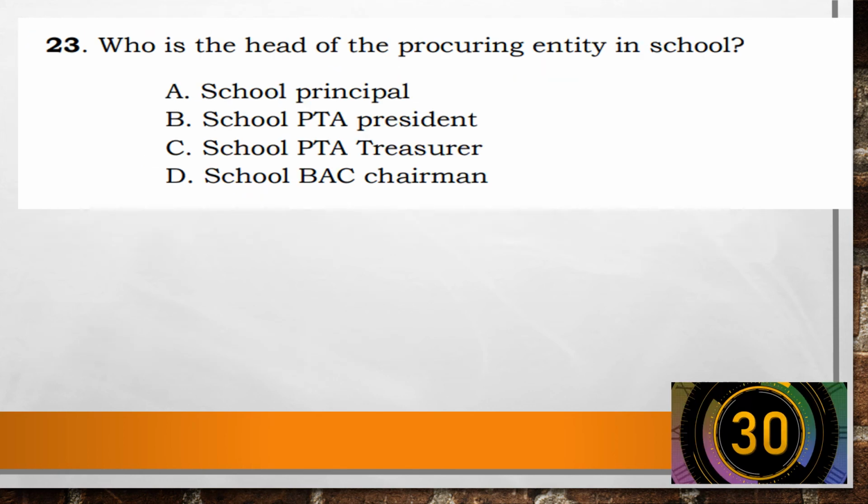23. Who is the head of procuring entity in the school? A, school principal. B, school PTA president. C, school PTA treasurer. And letter D, school BAC chairman. Your time starts now.